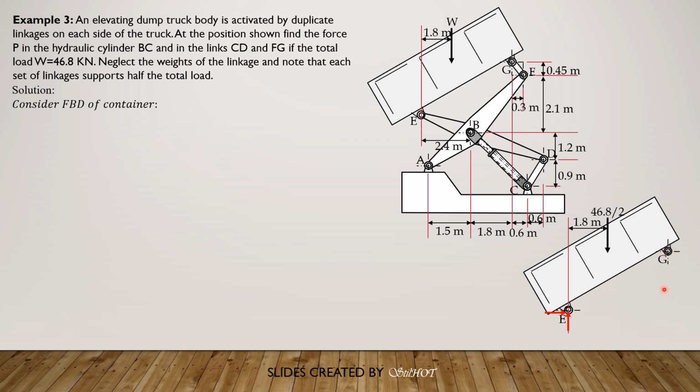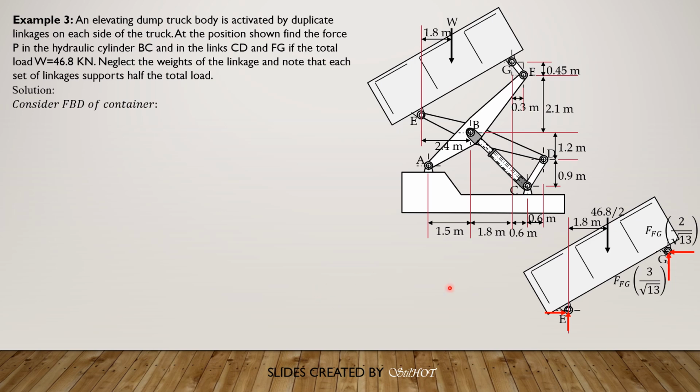For the leftward force, it is FFG times 2 over square root of 13. The vertical component is FFG times 3 over square root of 13, because 0.45 divided by 0.15 is 3, so 3 vertical, and 0.3 over 0.15 is 2 horizontal. Then the horizontal component is FFG times 2 over square root of 13.